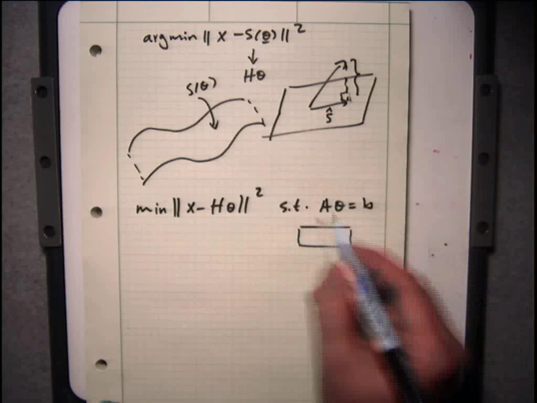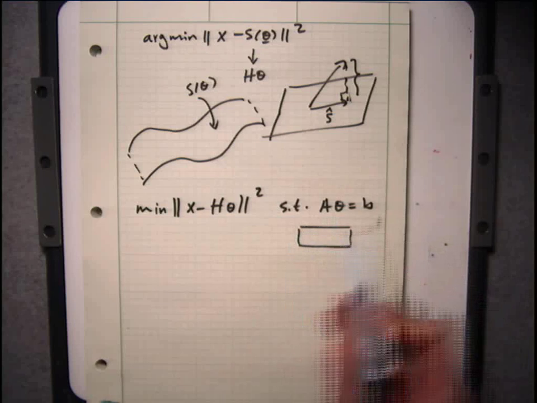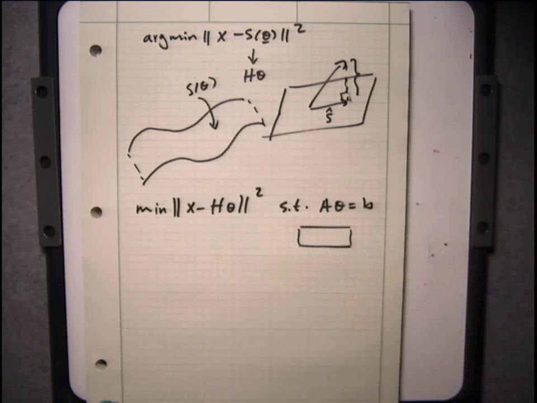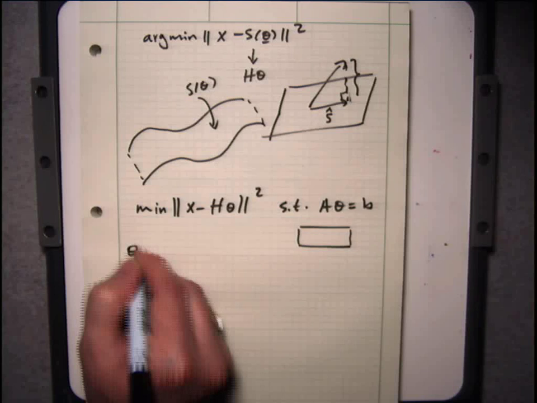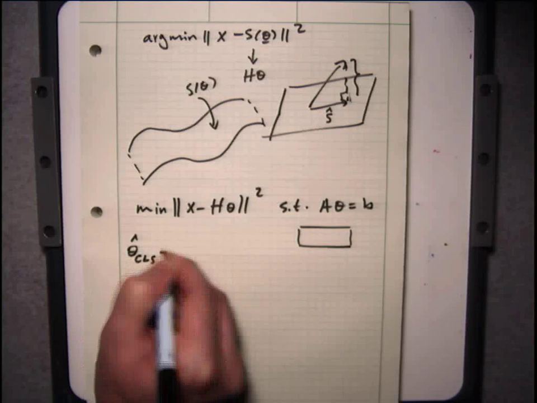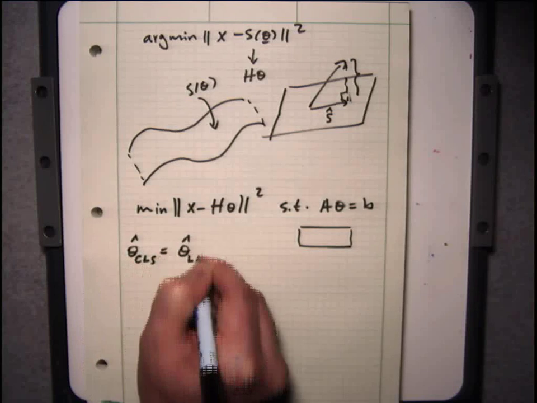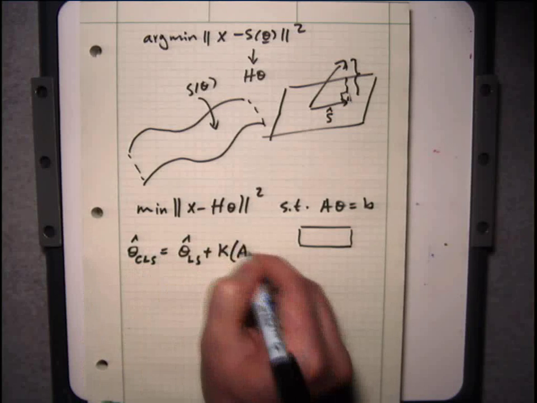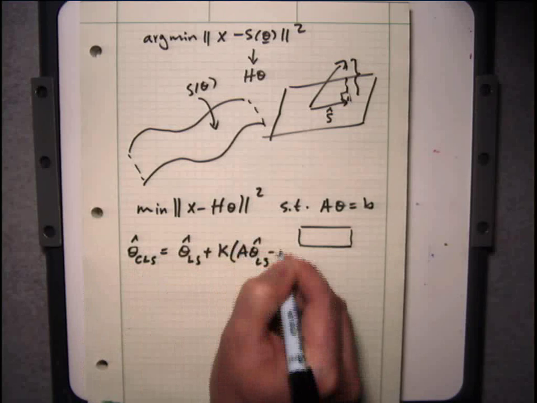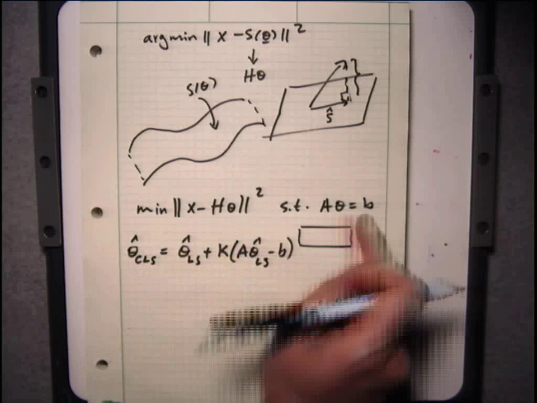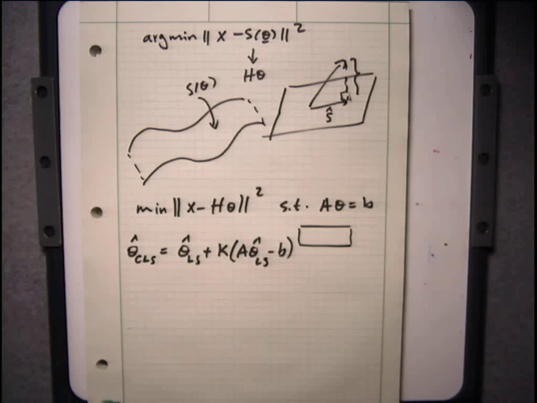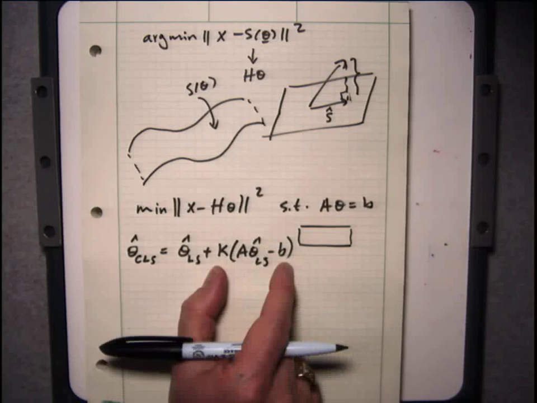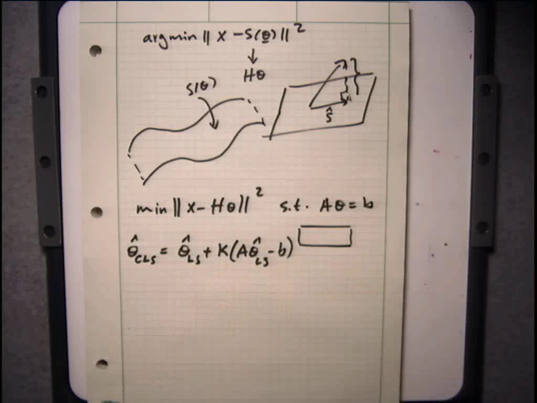Otherwise, if A is square and full rank, then this exactly determines theta, and there's no problem to solve. Okay, with this in place, the idea was that the constrained least squares solution is in fact the least squares solution plus some gain times the difference between the two sides of this when that unconstrained least squares solution is plugged in. Okay, so this kind of corrects for deviations from that constraint.